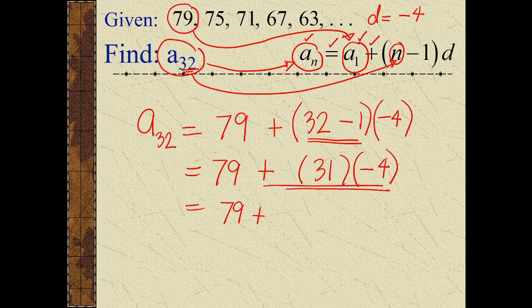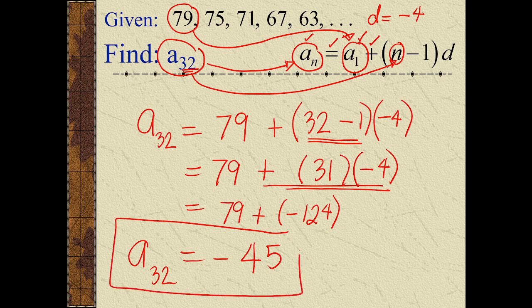Again, what is 31 times 4? It will give us 124. So we have plus negative 124. Now, what is 79 plus negative 124? Okay, that will give us negative 45. And that is our 32nd term.